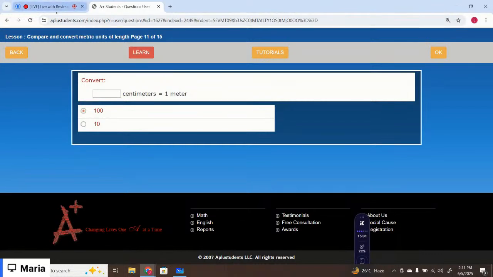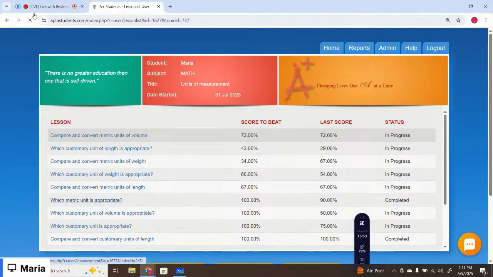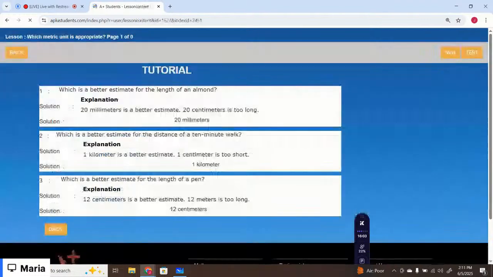Okay, you can complete the lesson by yourself today. Let me move into the next lesson. The next lesson is which metric unit is appropriate.